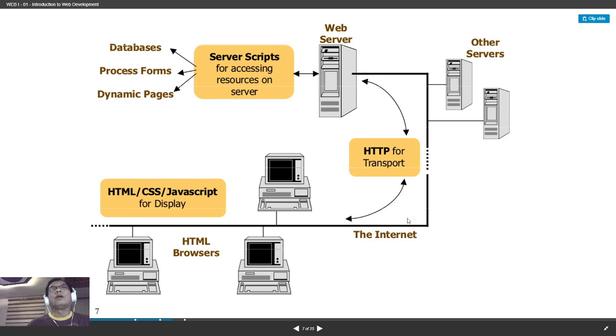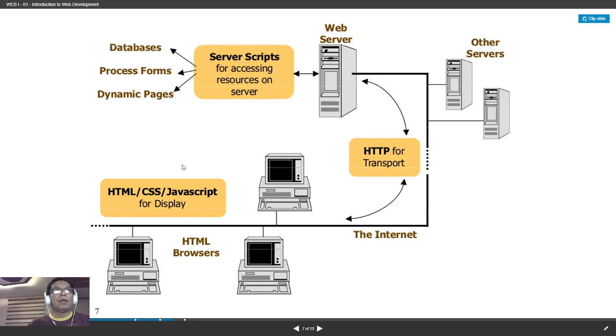Your request now will be transported to the web server using HTTP, then the web server, using server scripts that are accessing databases, forms, dynamic pages, will be processing your request, and then the output now will be sent to your browsers. Now, the web server can also be connected to other servers. Let's say, for example, we have here a database server and other servers.